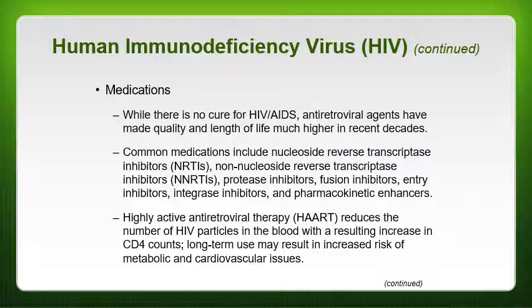There's also what's called highly active antiretroviral therapy, which directly reduces the HIV particles in the blood with a resulting increase in CD4 count. However, they have found with these an increased risk of metabolic and cardiovascular issues. With this type of treatment, they've noticed, for instance, lipohypertrophy and increased central adiposity, where people's fat cells start to increase in size.